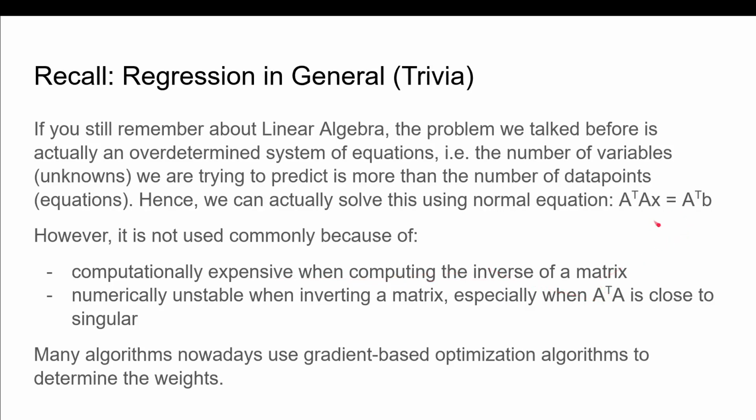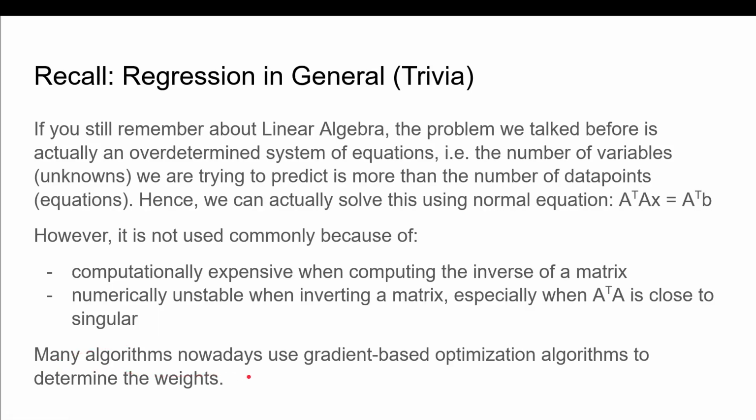Because we are trying to find x, we have to compute the inverse of A transpose times A. The second reason is numerical instability when inverting a matrix, especially when the matrix is close to singular. The condition number is very high.